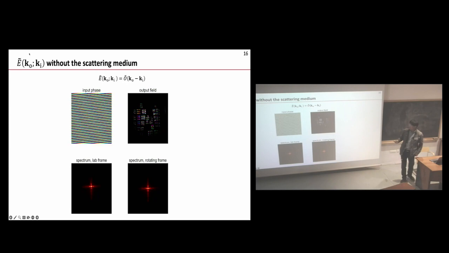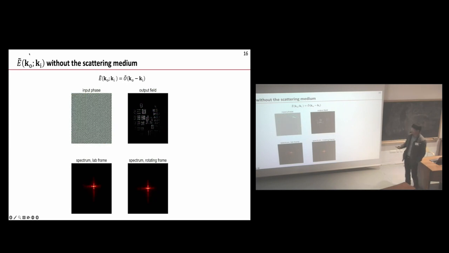So this movie shows the case without aberration. This is an illumination wavefront, and this is a measured wave. And now here I'm showing you the spectrum. The spectrum is rotated as you change the illumination angle, as I mentioned.